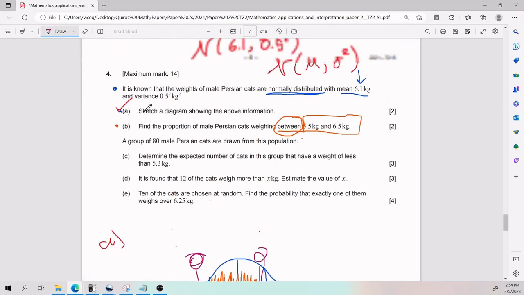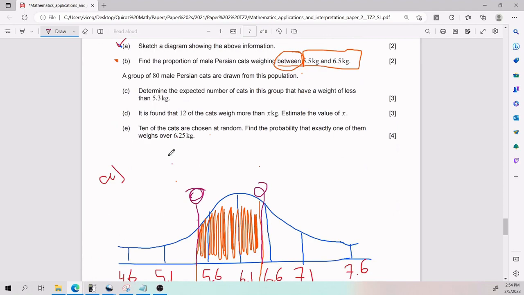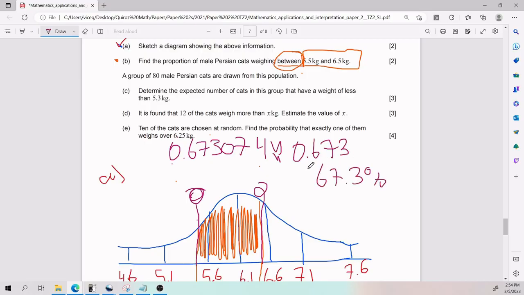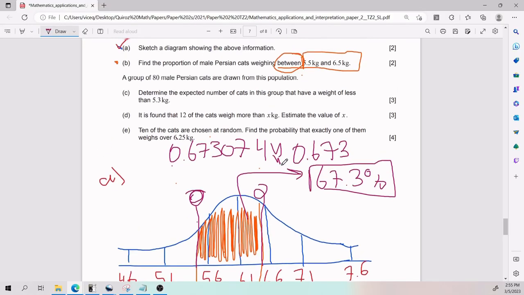So for part B, because we got this number here, if you want significant figures or whatever, you end up with 0.673, which is the same as 67.3%. And so the proportion of male Persian cats weighing between 5.5 and 6.5 is 67.3%. All right? Awesome. Nailed it.